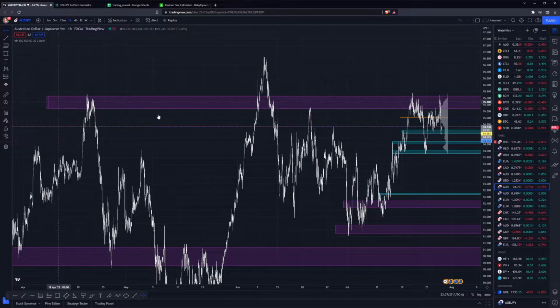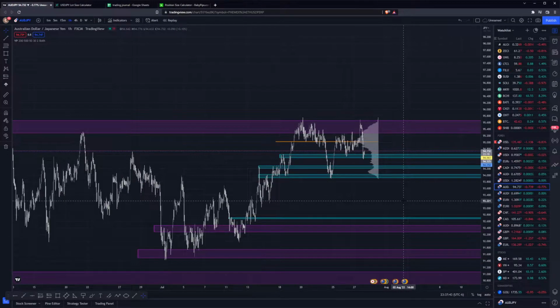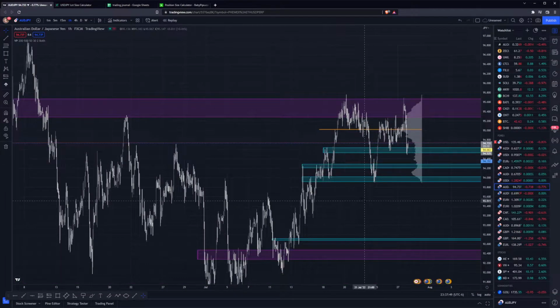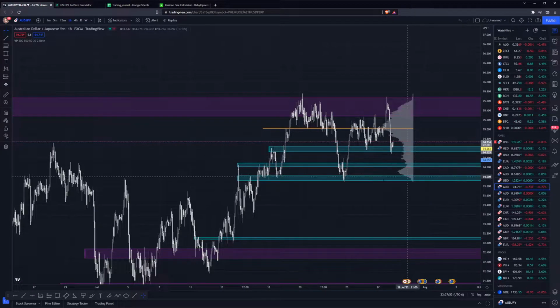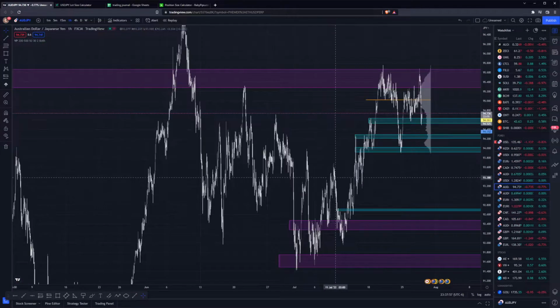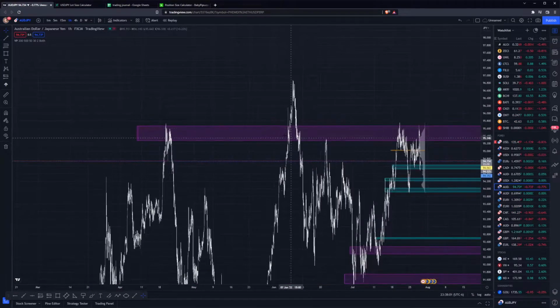And normally I move through these pretty fast. If I don't see anything immediately, like I don't have anything right away that looks promising, I'll usually just move on. But for now I'll explain things so I don't rush too much. So yeah, we have this big resistance.